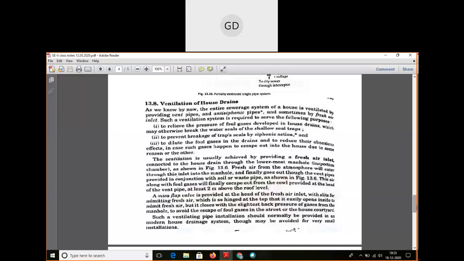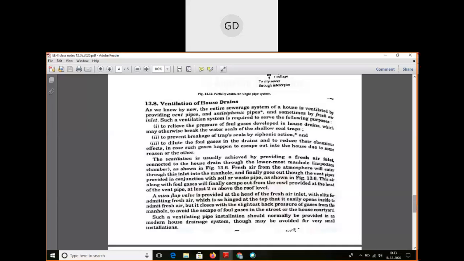These ventilation pipes or ventilation systems are required to serve some of the following purposes. So what are those purposes? This ventilation system is used to relieve the pressure of foul gases developed in the house drains, and if this pressure of foul gases is not removed, then what will happen?